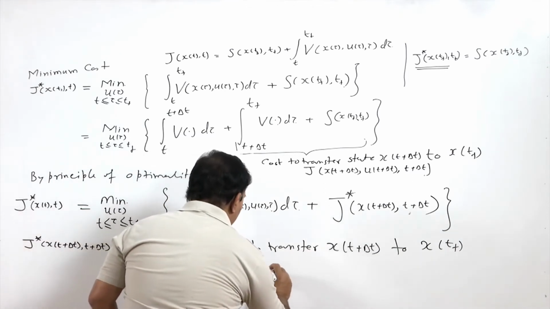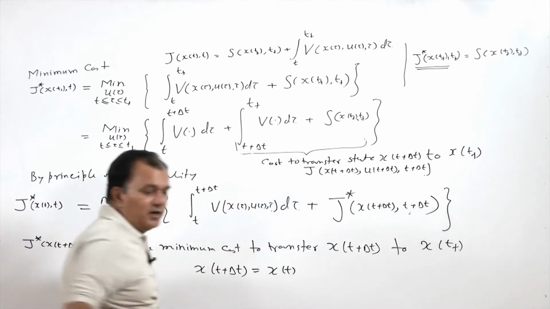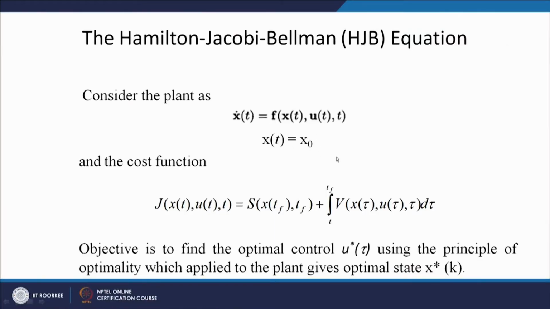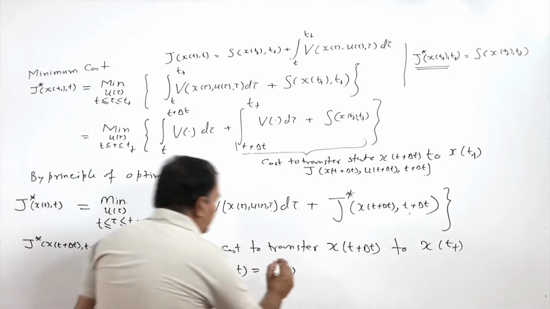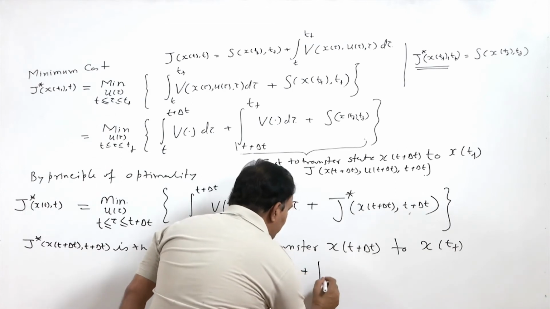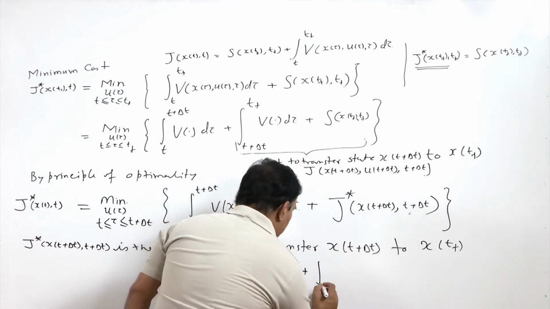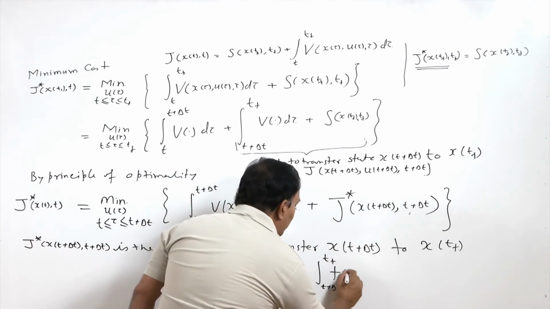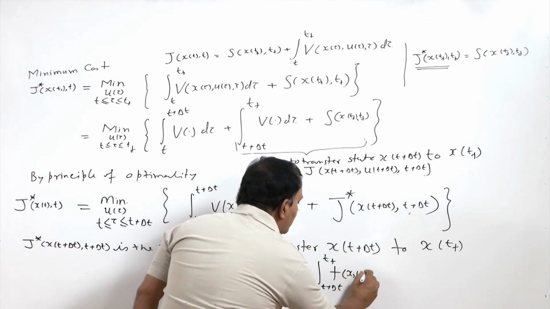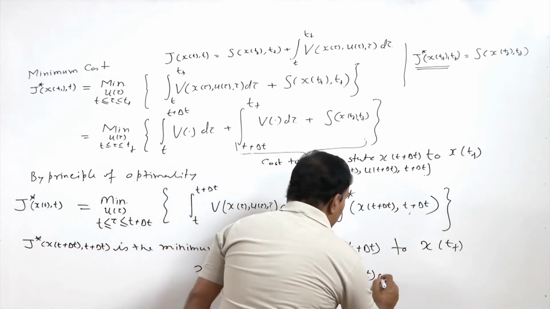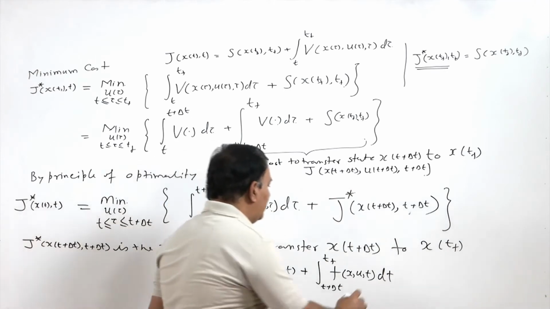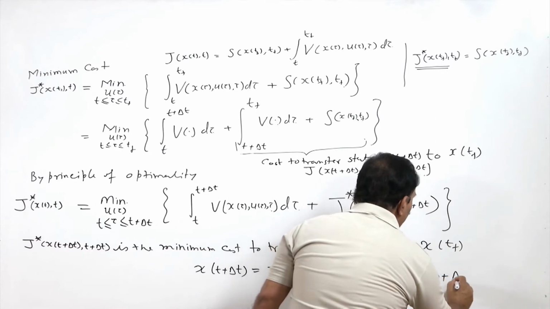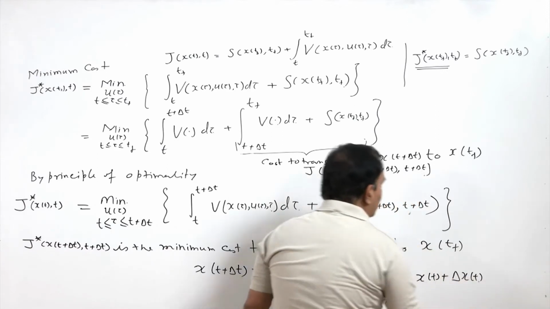This is nothing but my x(t), the initial state which is given as x_0 we have considered, plus whatever state results from integrating my f(x, u, t) dt, and this I can simply write as x(t) plus Δx of t.